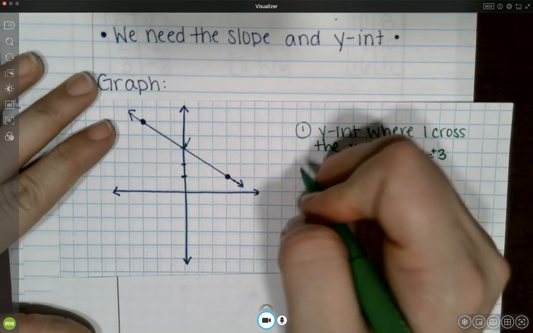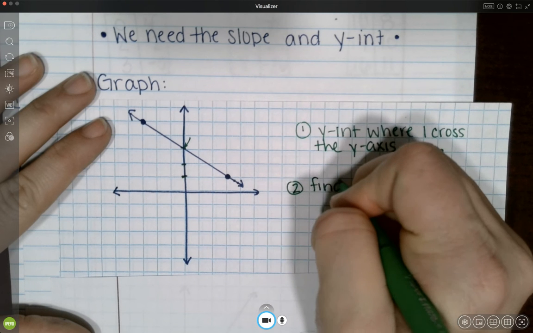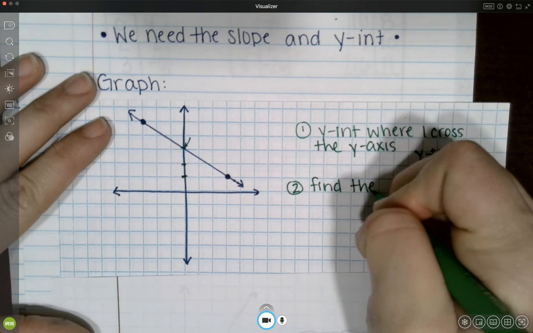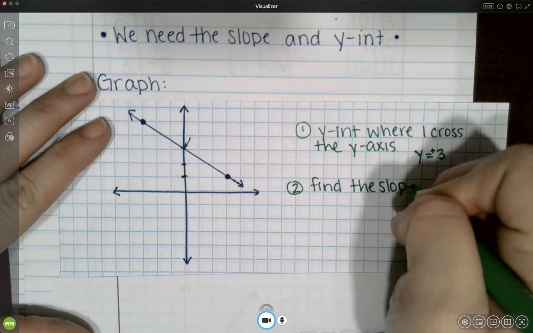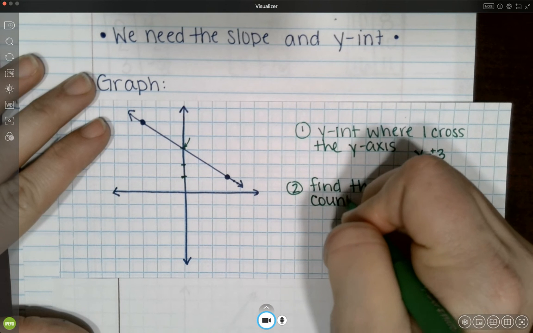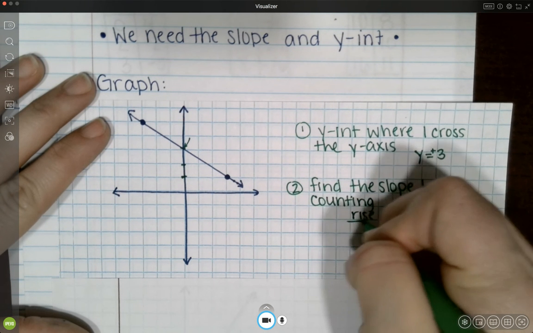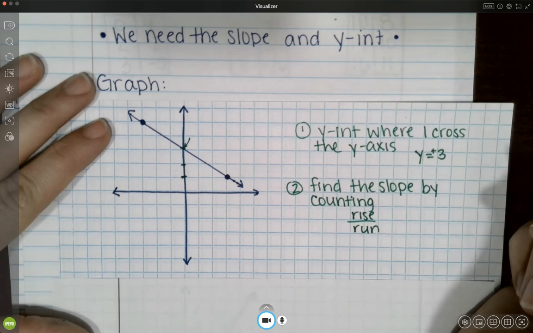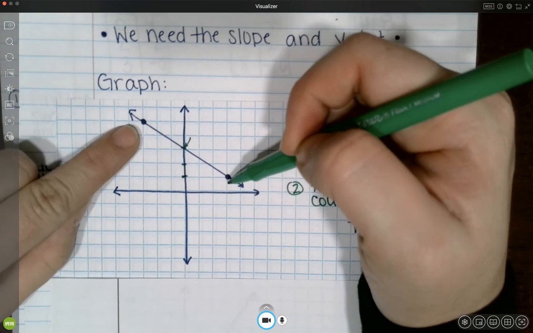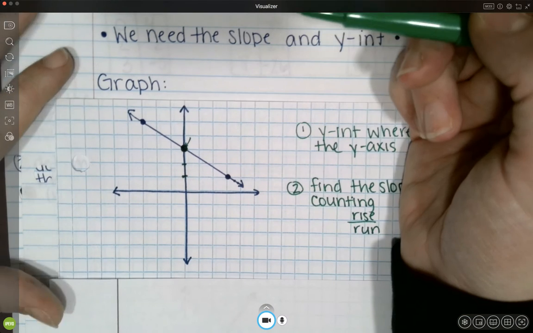The second step that I need to do is find the slope. I'm going to find the slope in this case by counting squares. And remember, we do rise over run. I have 2 points illustrated, and I can now put this third point of my intercept.